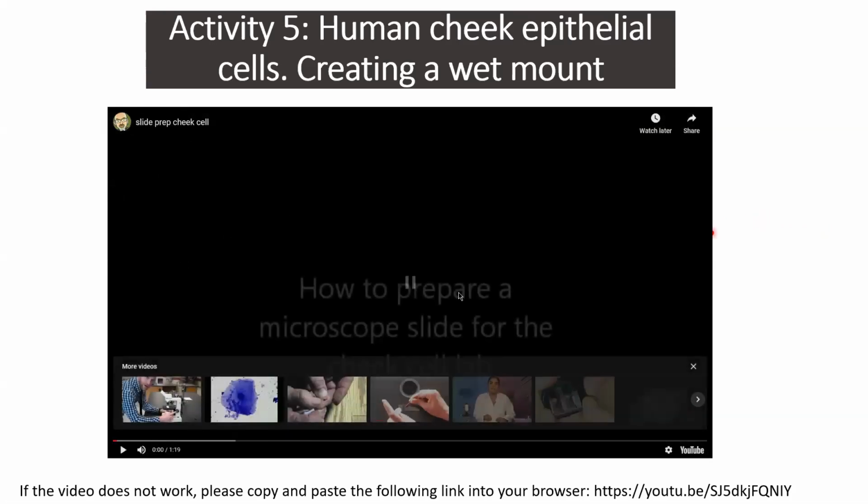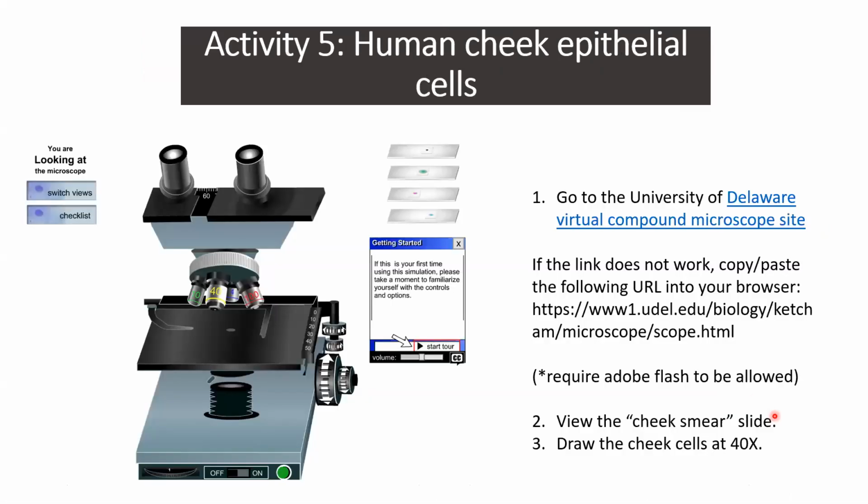And then using that same link, you will follow this link and you can select the cheek smear slide to see what it would look like under a microscope if we were in lab. And then you will draw the cheek cells at 40x in your notebook.